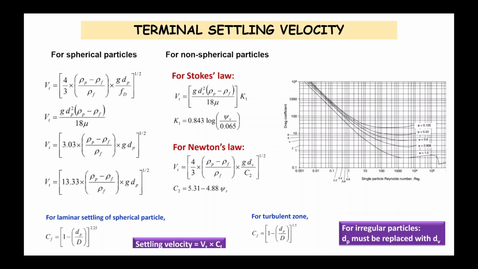Similarly, by applying different values of fd for different values of Reynolds number, we can modify the equation for the terminal velocity. Since I have only represented these equations, I'll give out the conditions as well.